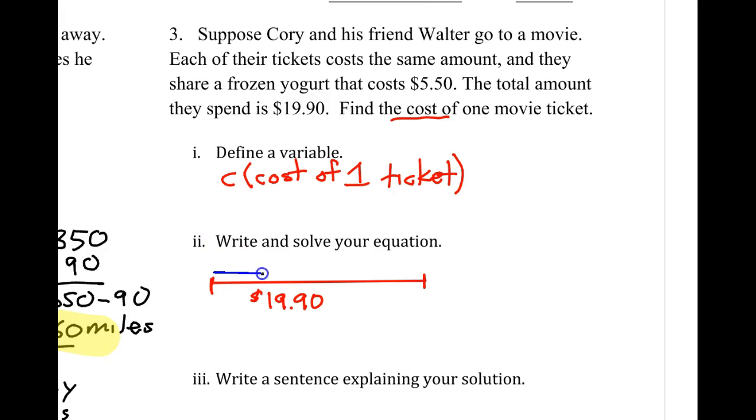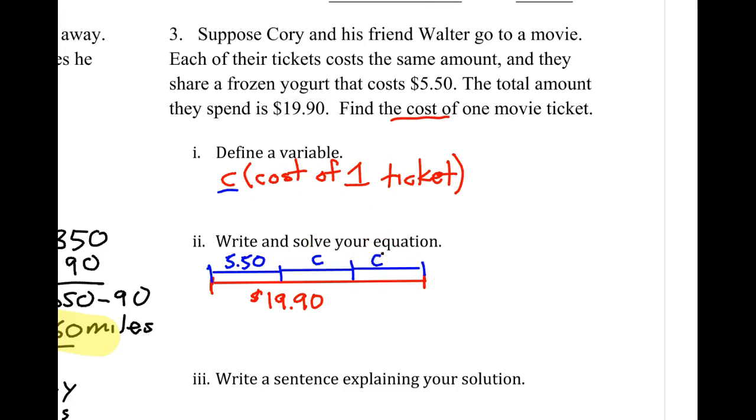So we got 3 different spots here. We got cost of, let's say, the frozen yogurt, which was $5.50. We got the cost of the first ticket, which we said is C. I'm going to call that C. And then we have a cost of another ticket. And they're the same cost, right?